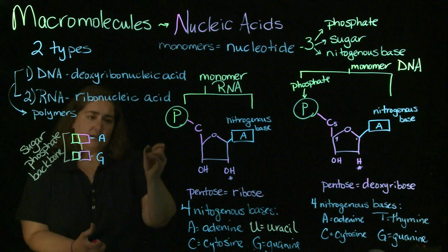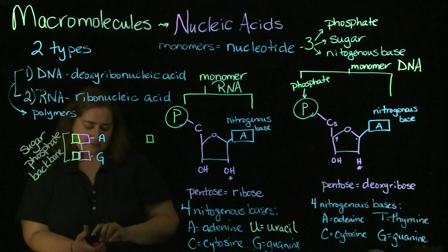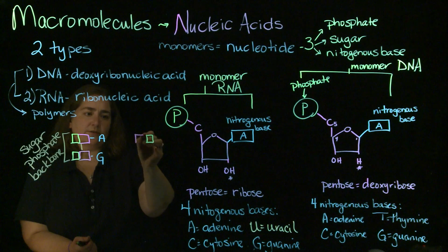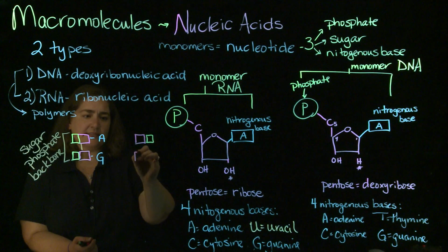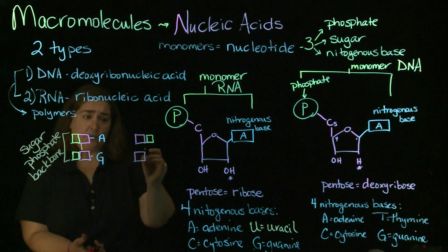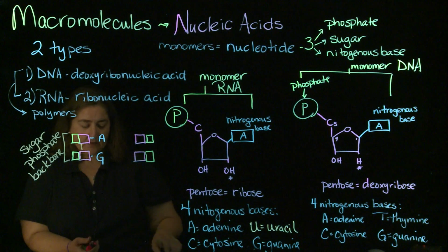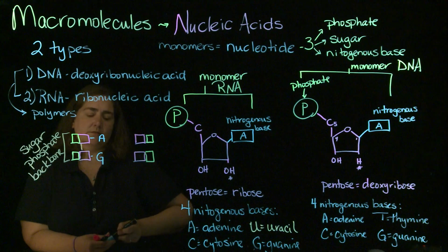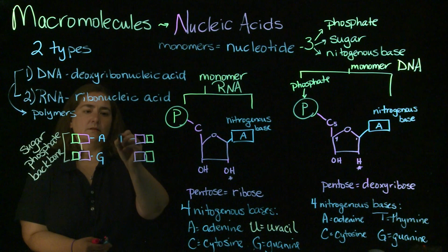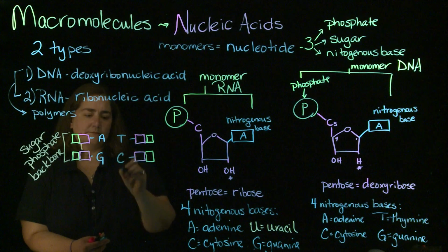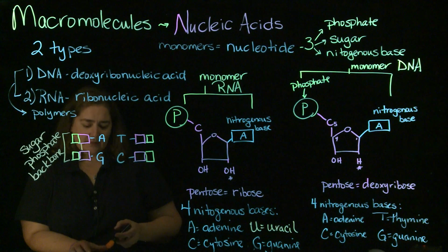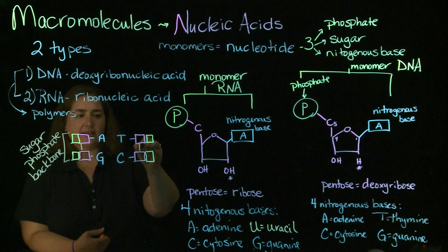And what you're going to have on the other side over here, because DNA is a double helix, meaning you have 2 strands put together. All right, and these sugars are going to be linked.